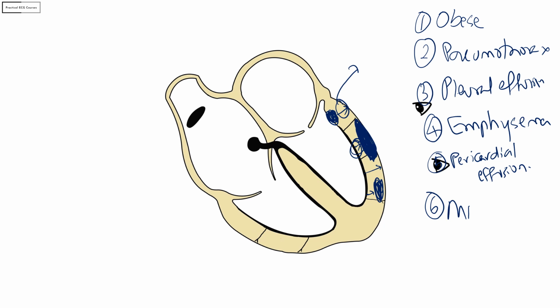So any infiltrative disease like amyloidosis, sarcoidosis or hemochromatosis, they can all produce low voltages using the same principles. Patients with myxedema can also have a similar myxedematous infiltration of the myocardium. Again, the same reason, small vectors and therefore low voltage on ECG.